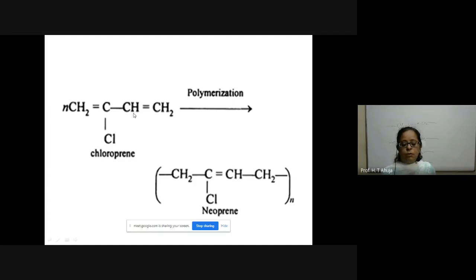So it becomes chloroprene. Now this undergoes polymerization and you get a polymer that is called neoprene. Again the same way, this is an addition polymerization. These bonds are broken, a double bond is created over here, and n number of these molecules combine together to give me a polymer.